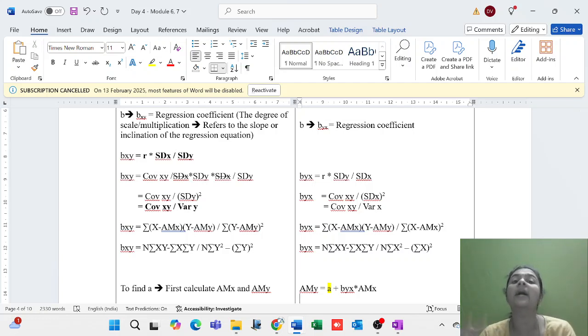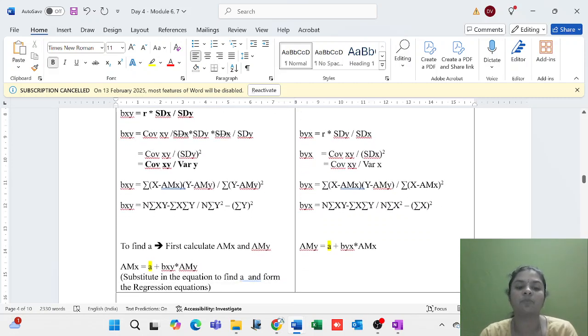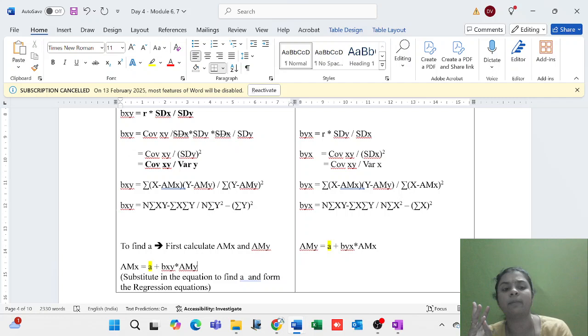Once you find out the arithmetic mean of x and y, you will substitute the arithmetic mean of x and y and the byx or bxy value to find out the value of a, which is the missing figure, and therefore you will get the regression equation.